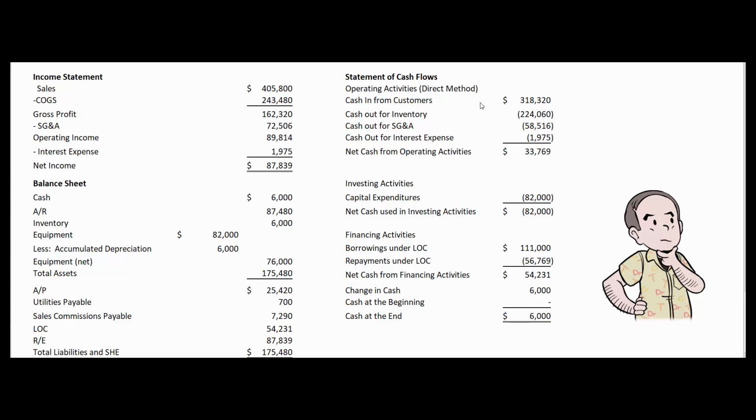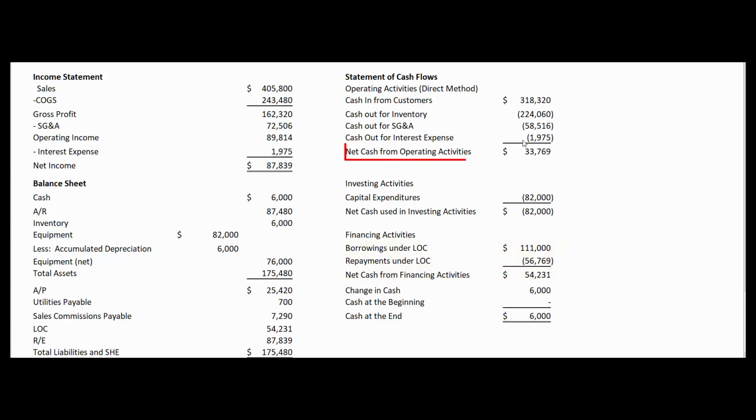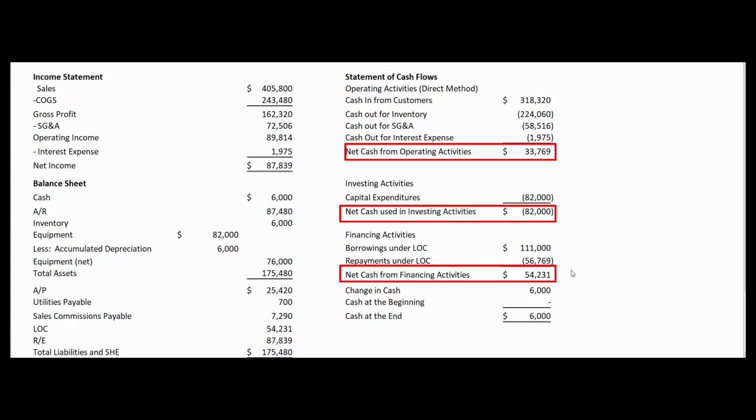In this example, all we have is the borrowings of $111,000 under the line of credit. We repaid $56,769, so our net cash from financing activities is $54,231. You add up the three different categories: cash in from operating activities, cash out from investing activities, and cash in from financing activities. You get a net change in cash of $6,000.